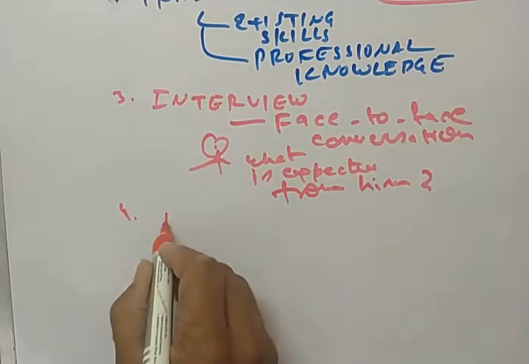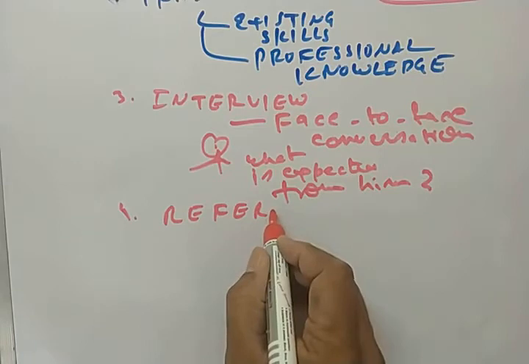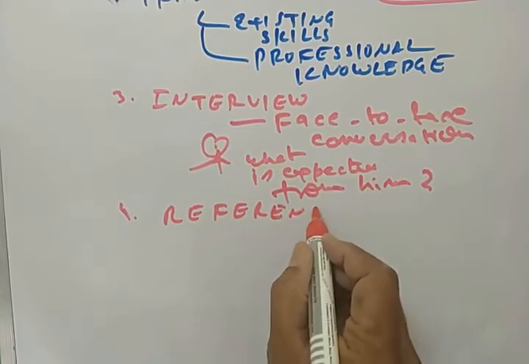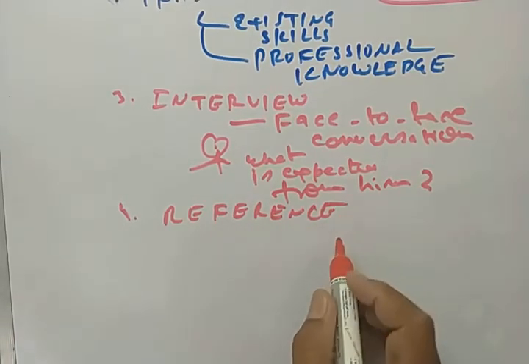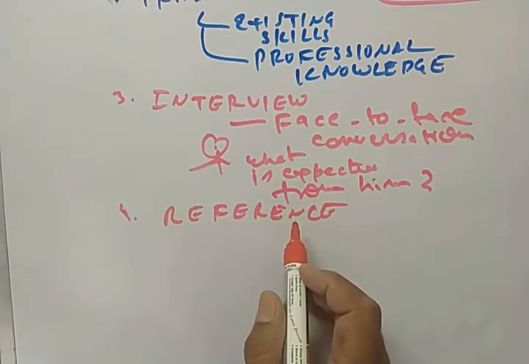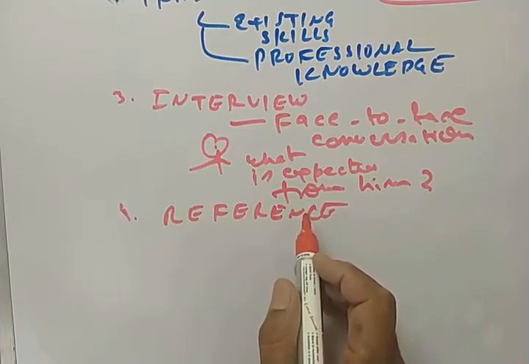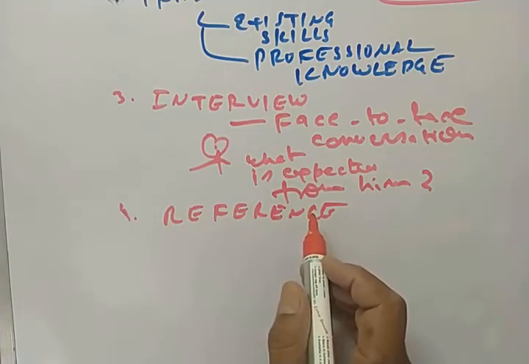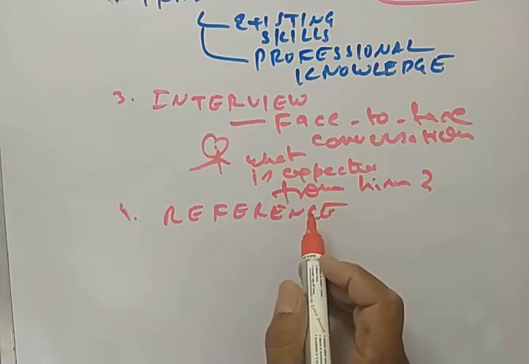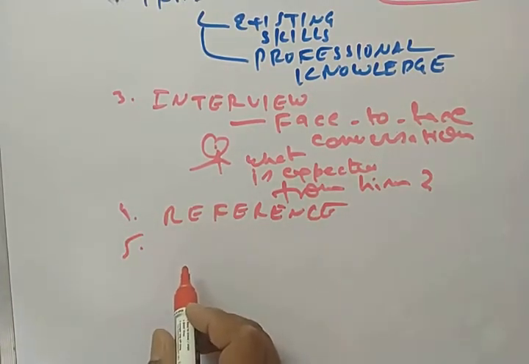Number 4, reference and background checks. The purpose of checking references is to validate information obtained about the candidate's employment history, skills, and experience. After that, we come to selection decision.